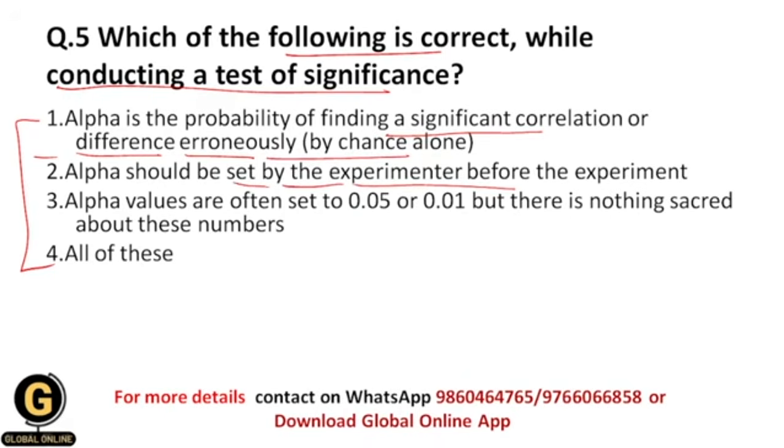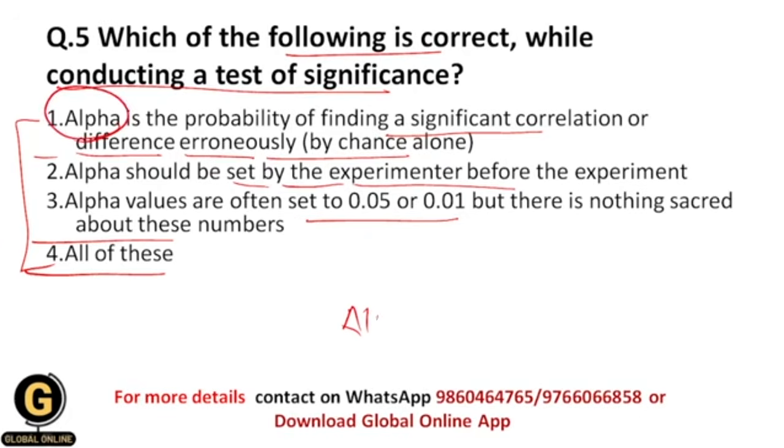Alpha values are often set to 0.05 or 0.01, but there is nothing sacred about these numbers. All of these. So basically, students, what does test of significance mean? Test of significance is nothing but testing your null hypothesis by using statistical methods in the whole research process.